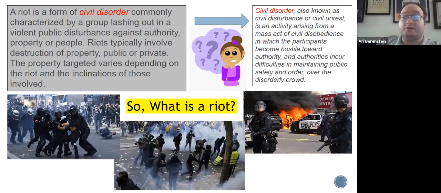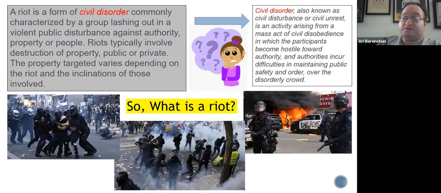Usually it's slower than the perception. For example, I recall a gym being destroyed, and it was found within minutes or hours that an undercover officer, or someone allegedly, had destroyed the property to try to make it seem like the people did it. But this is what happens sometimes during riots.